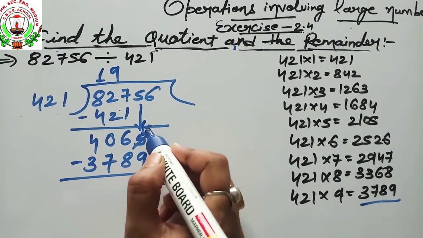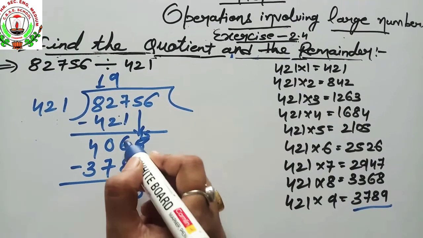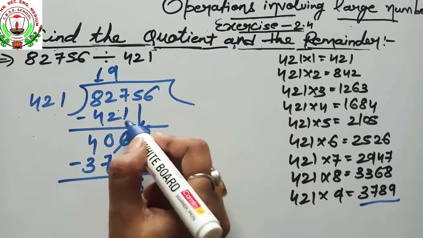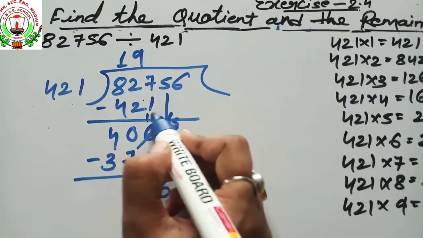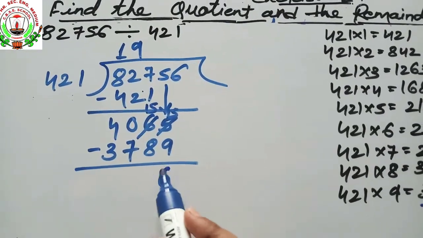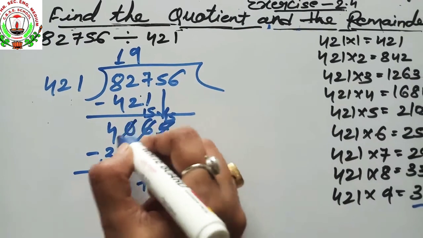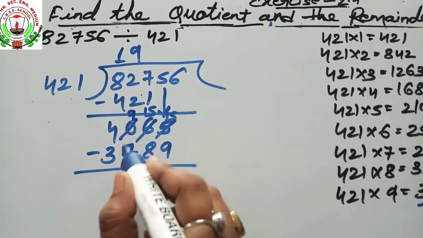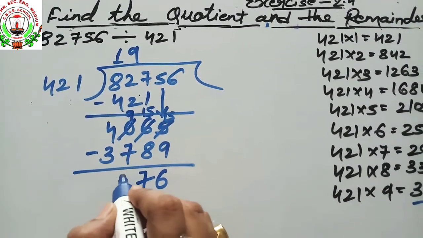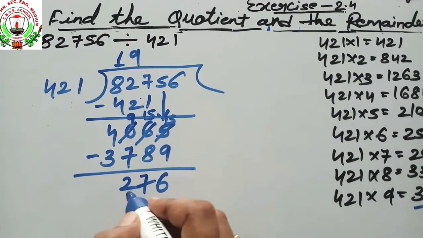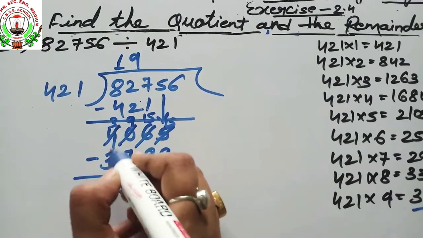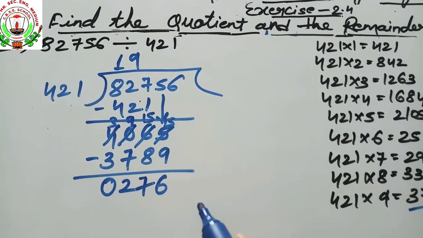So 15 minus 9 is 6. 15 minus 8 is 7. This will become 9. 9 minus 3 is what? 9 minus 7 is 2. And here 3 minus 3 is 0.